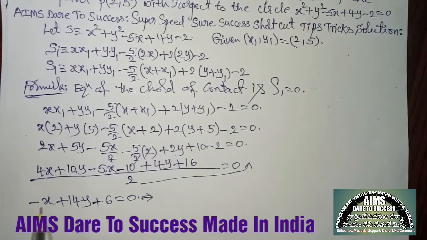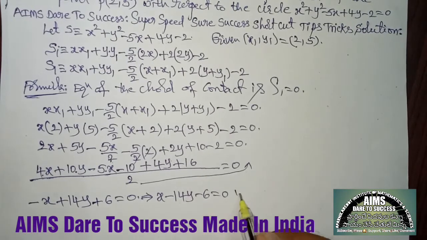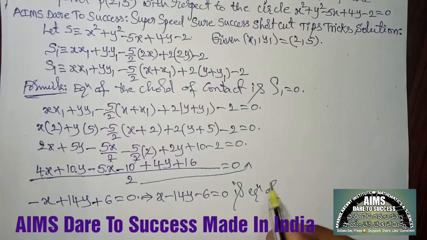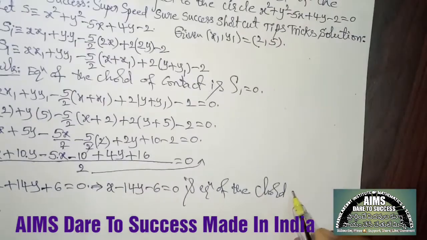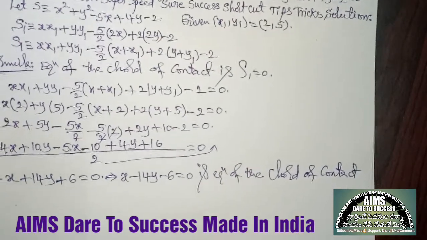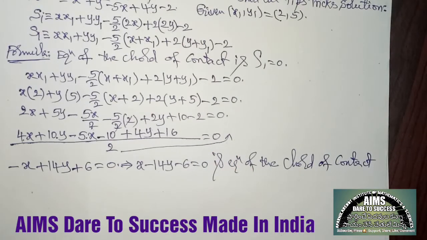Now I am taking minus common and coming to this side, so directly x minus 14y minus 6 is equal to 0 is the equation of the chord of contact by using this given point and circle.